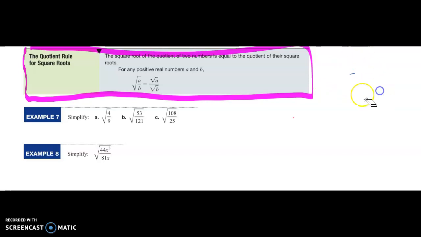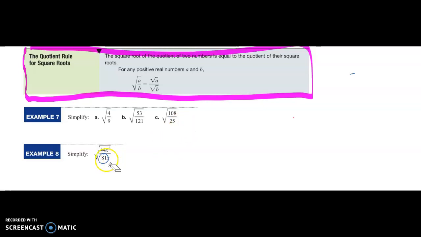And here we go. Looking at this example here, the square root of 44 x to the third over 81x. Well, the first thing I want you to notice is that 81 is perfect. So what's about to happen is we're about to get that out from underneath the radical.